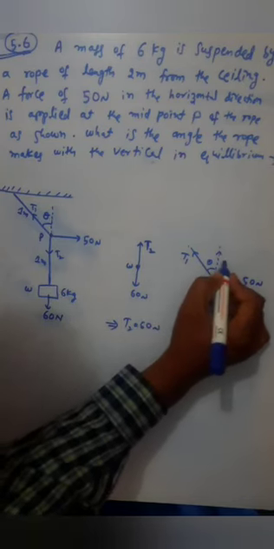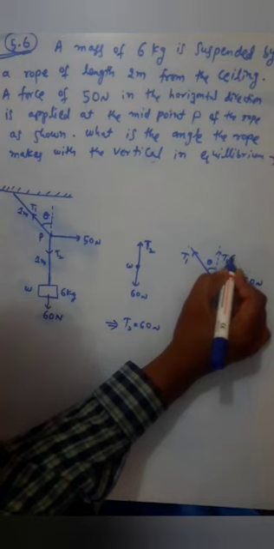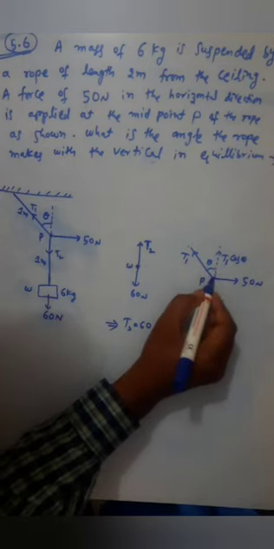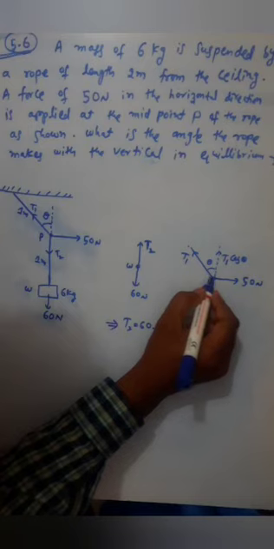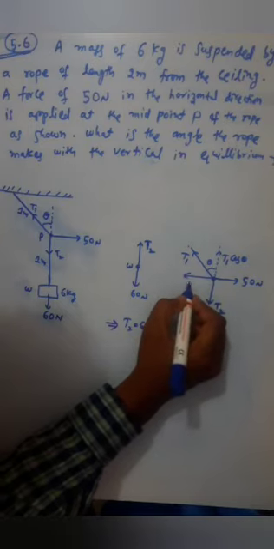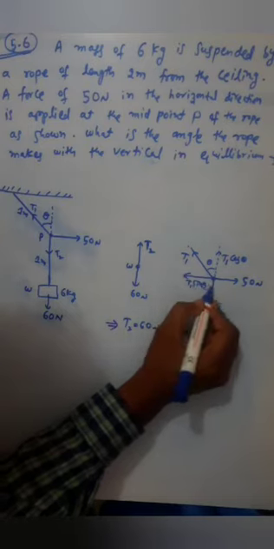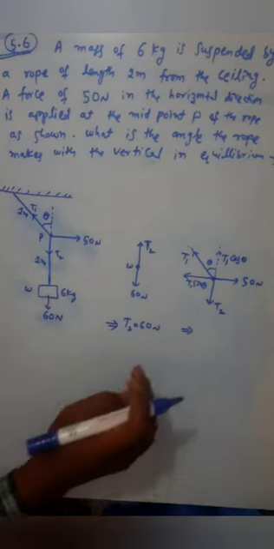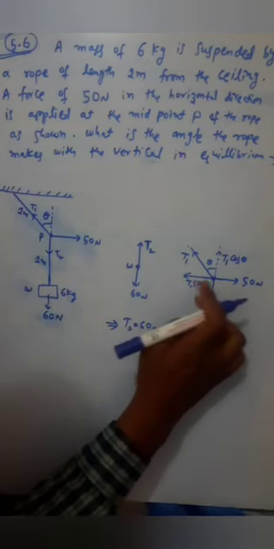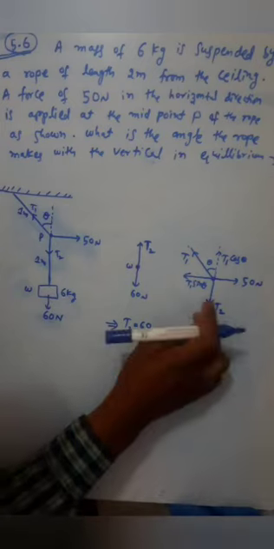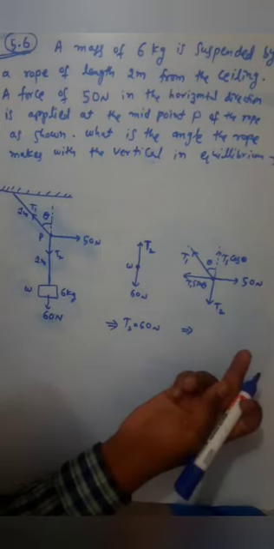Along the y-axis is T1 cos theta. Along the x-axis is T1 sin theta. We know along the x-axis net force is 0, and along the y-axis net force is 0.